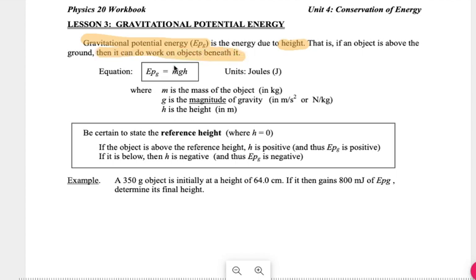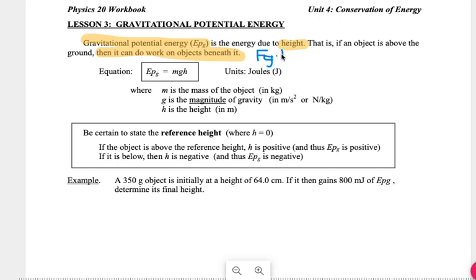And that work will be due to the force of gravity, right? Fg. And the distance will be the height, right? So the force, as we lift something up, acting on stuff beneath it, is the force of gravity.